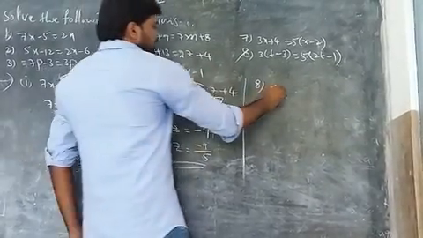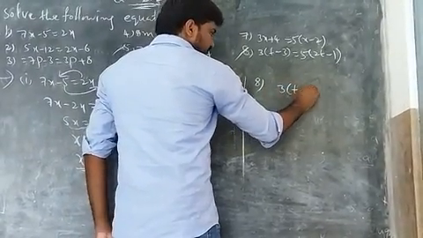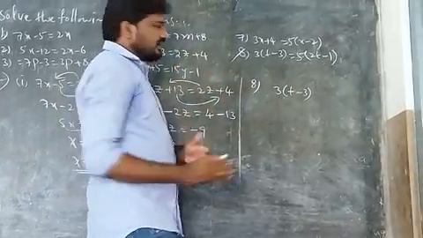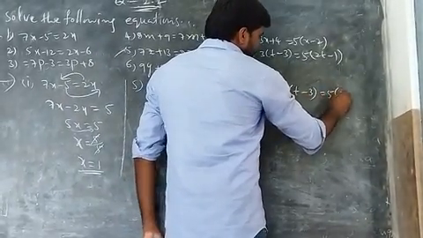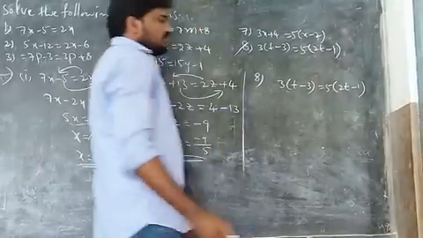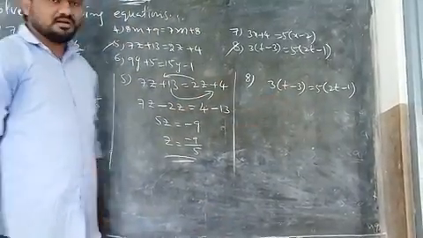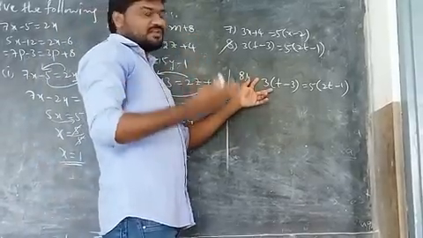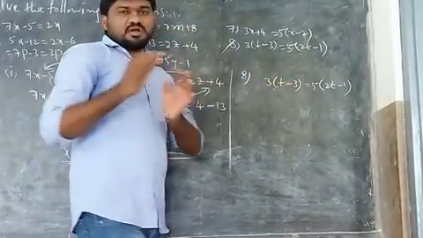Look there: 3 into t minus 3 is equal to 5 into 2t minus 1. If you keep the bracket, 3 multiplies all the terms in the bracket.